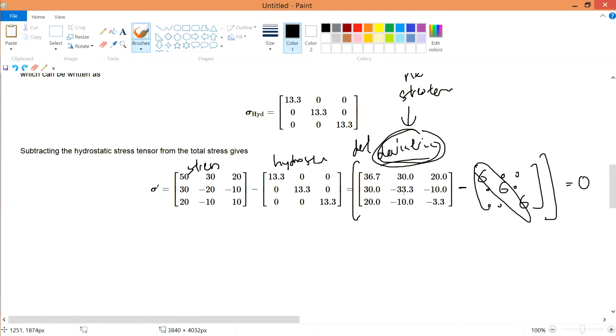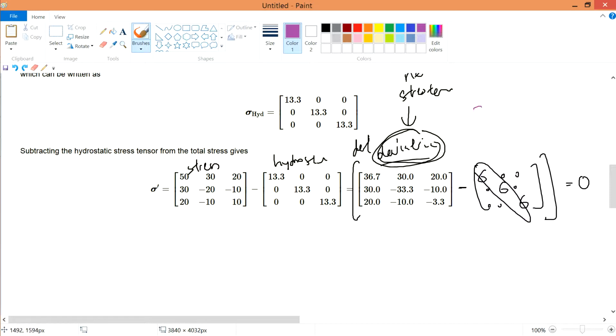The equation that is given is for this one. You get what I mean? In order to find the principal of the deviatoric stress, I subtract this from the deviatoric stress, and then I solve for its determinant. I will get this value.